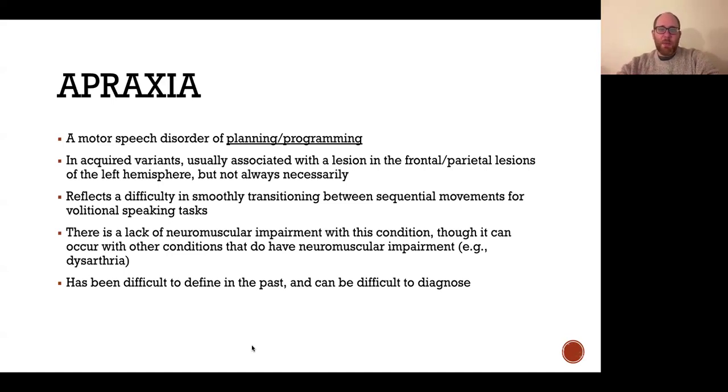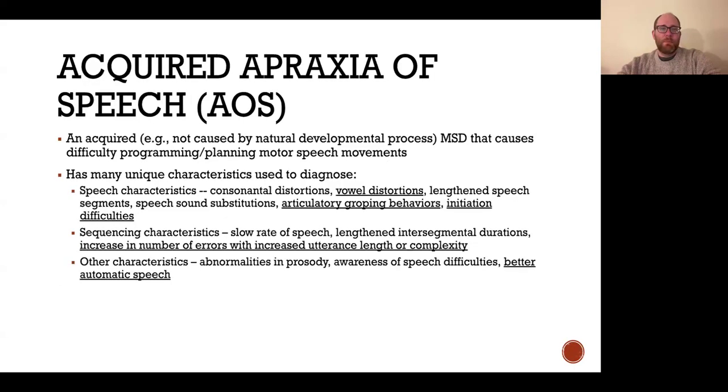Apraxia has been something of a moving target in terms of definition, because you'll see it can be very challenging to diagnose. And we're going to get into that in a little bit. First, the apraxia that we're going to go over is an acquired apraxia of speech. I say acquired, meaning it's not something that was caused by natural development.